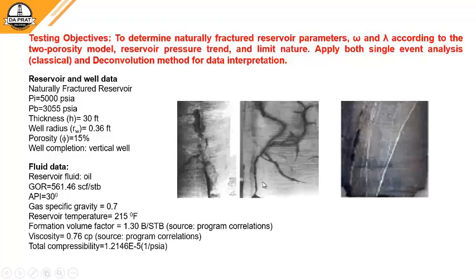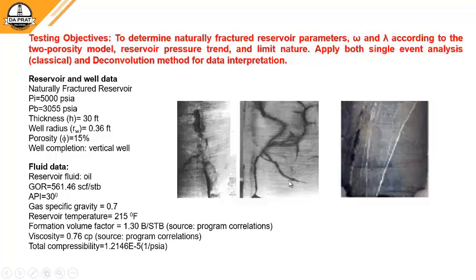Before we enter the mathematical details of the interpretation, let's just have a look at what a naturally fractured reservoir is. You can see here that these are cores taken from a well in Lake Maracaibo, Venezuela. And it is not the only one, there are many fractured reservoirs over the world.